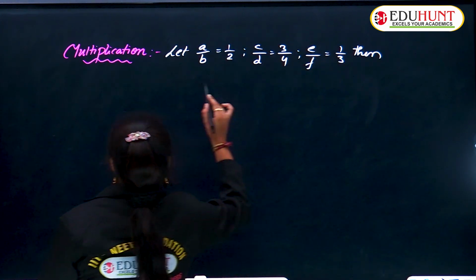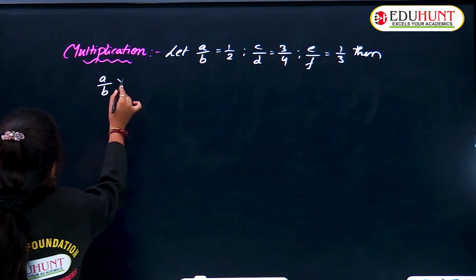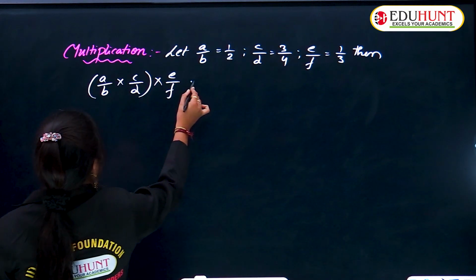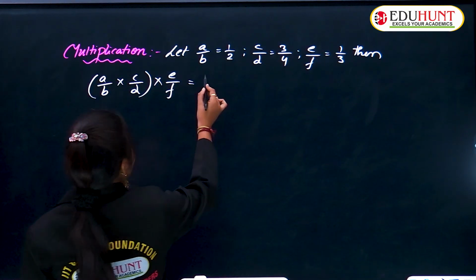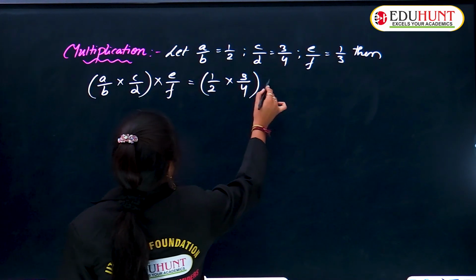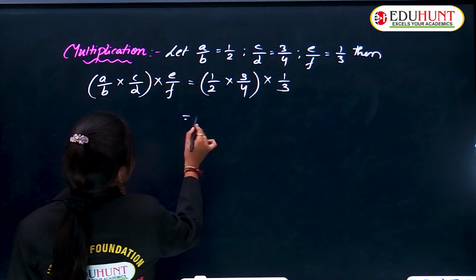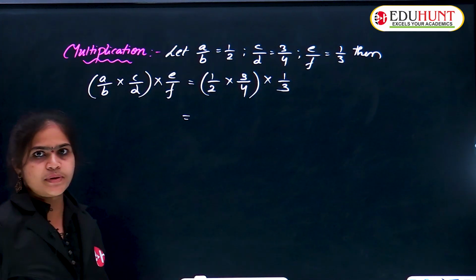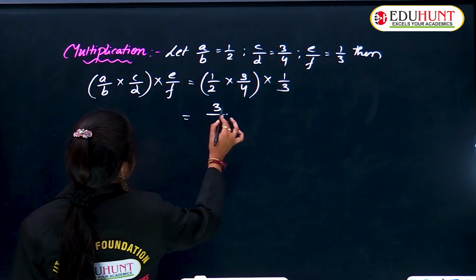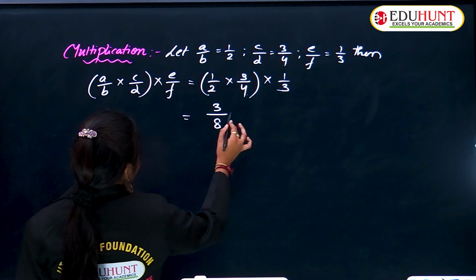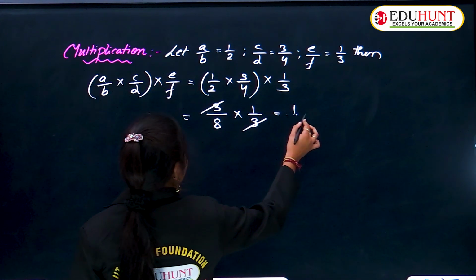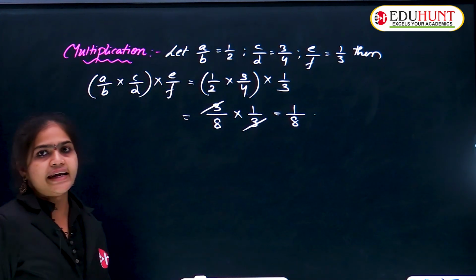Then A by B into C by D into E by F is 1 by 2 into 3 by 4 into 1 by 3. Any cancellations possible? Not yet. 1 into 3 is 3, over 2 into 4 is 8, into 1 by 3. 3 and 3 get cancelled, and we get 1 by 8.